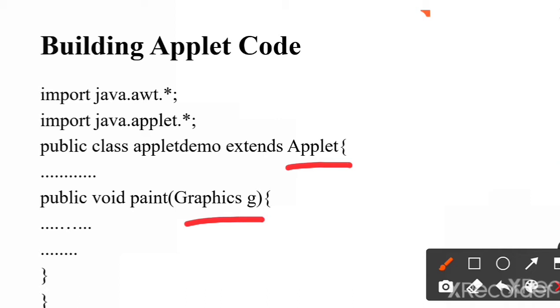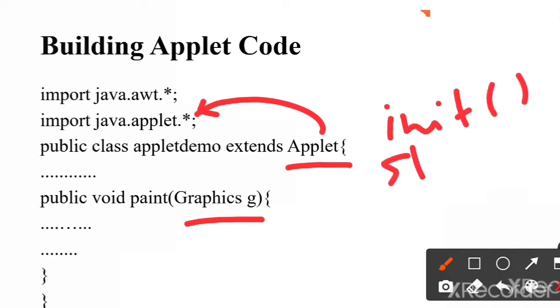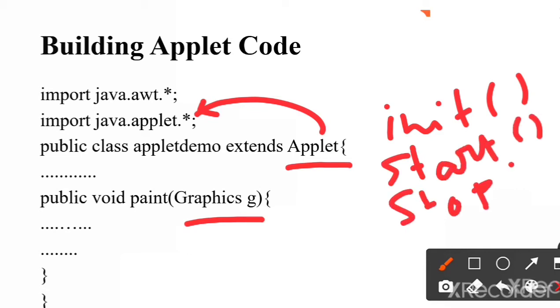The applet class, which is contained in the java.applet package, provides life and behavior to the applet through its methods such as init, start, stop, and paint.